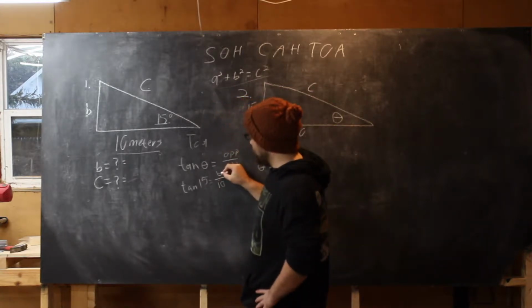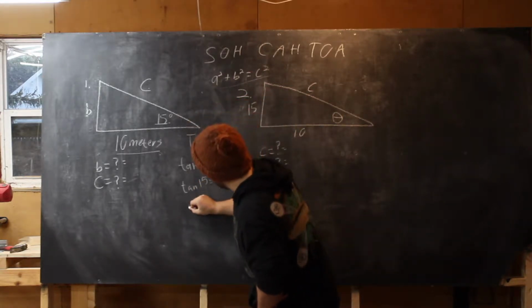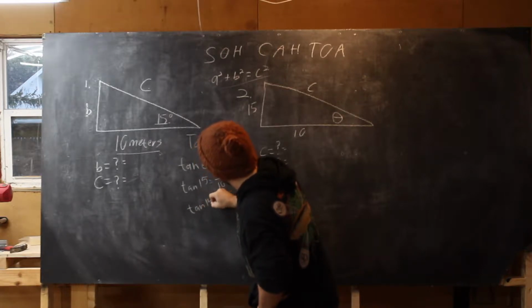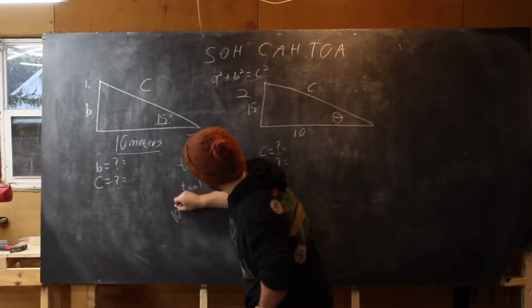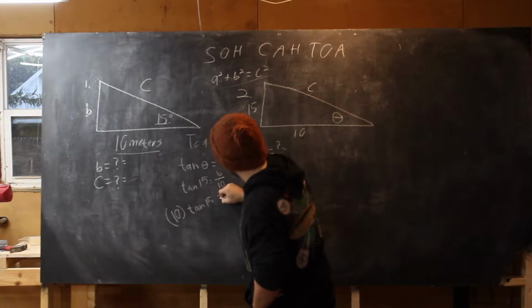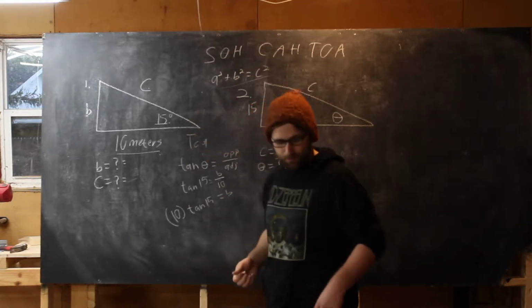So the way I figure out B is I just take tangent 15, multiply it by 10, is equal to B. So let's go ahead and calculate that.